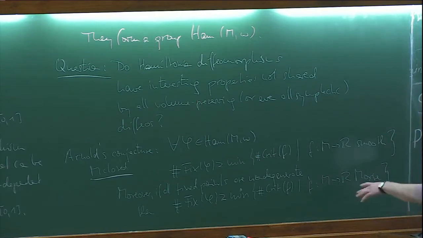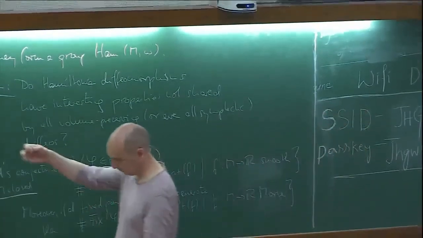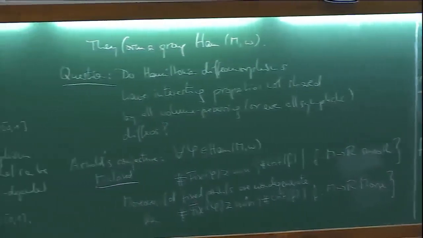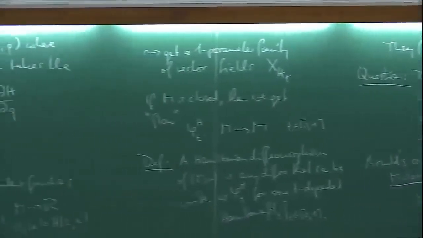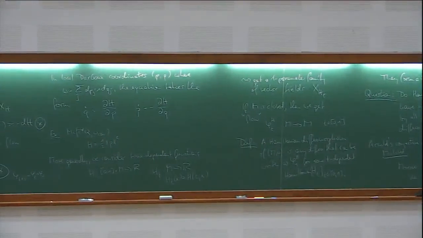These are Arnold's conjectures in this particular setting. There are other Arnold conjectures. Arnold was very influential in the sense that he raised many interesting questions, and this is the one that concerns us today.